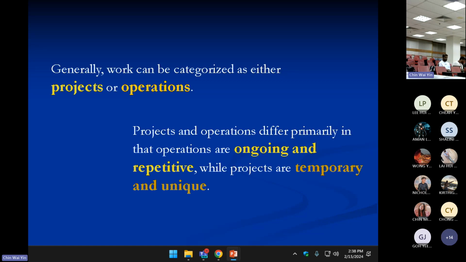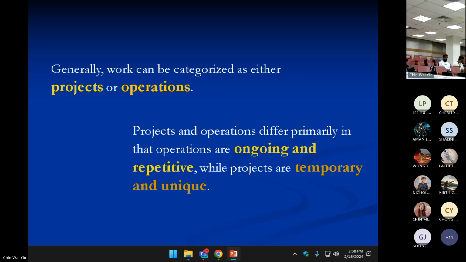Projects and operations are different in that operations are ongoing. What are the operations of Utah? Teaching, exams, programs, promotion, registering students, verifying students' qualifications, and then this cycle repeats again.